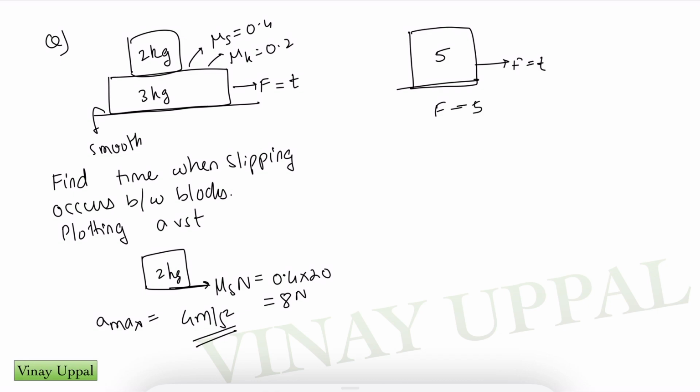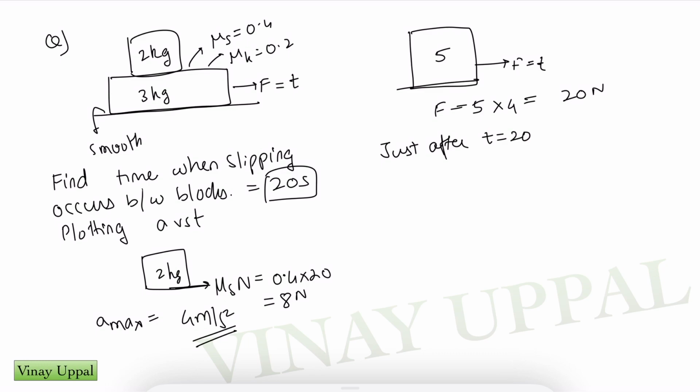So clearly F will be equal to 5 times 4, which is the acceleration. So at 20 seconds, the blocks are on the verge of slipping. We have to use the static friction here because on the verge of slipping means that the friction is at its maximum static value.